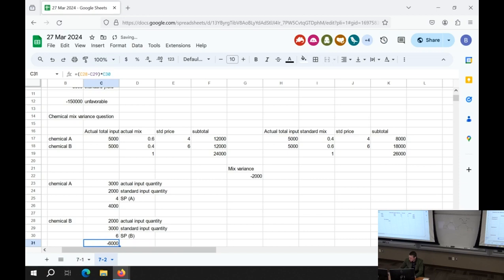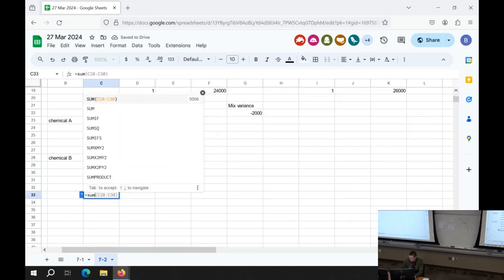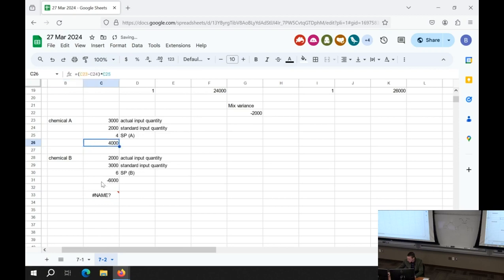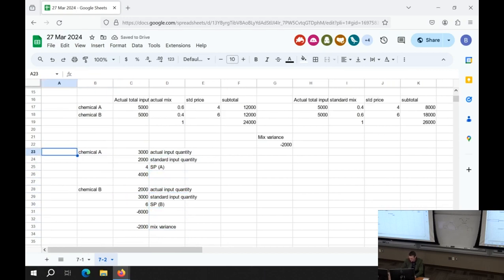And standard price is 6. And we end up with the same mix variance at the end. So method 1, method 2, two different ways of getting it.